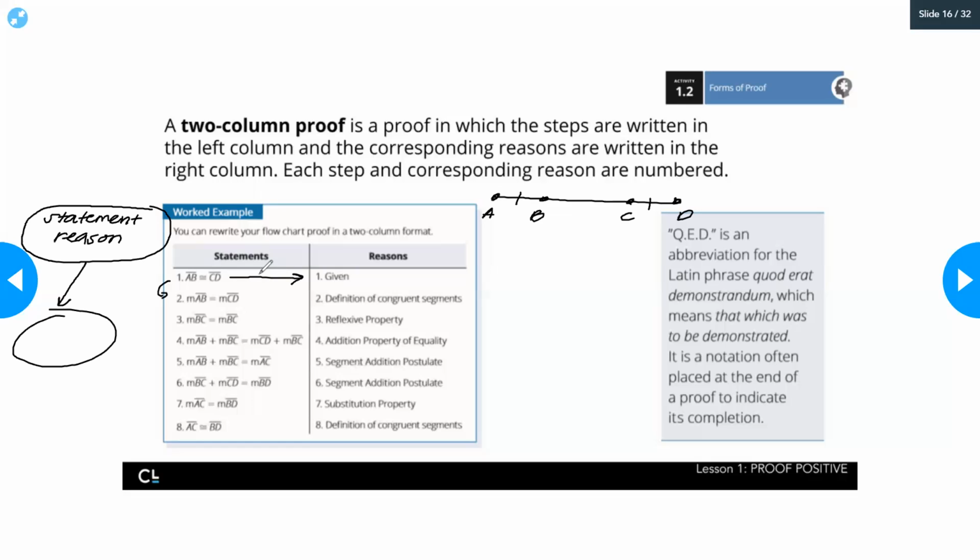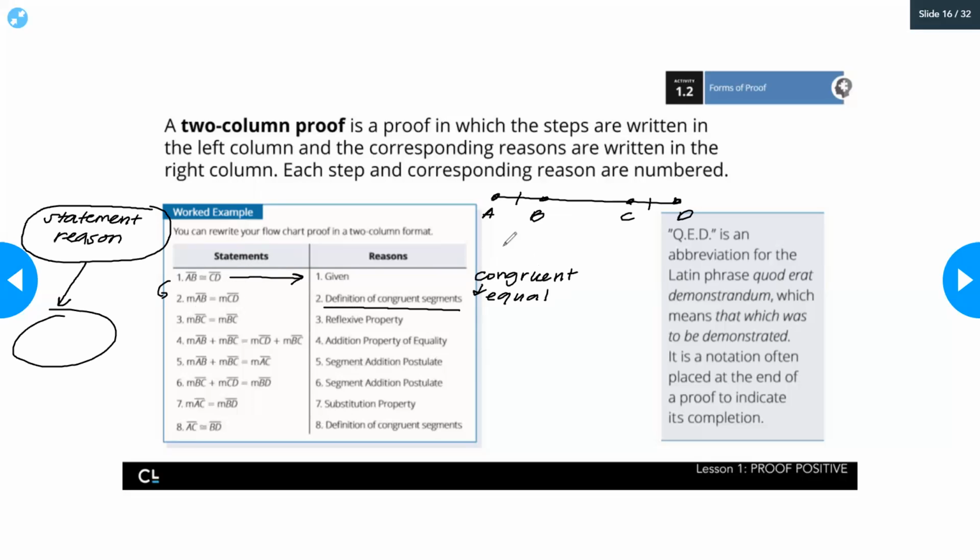Okay, so from here, remember that whenever we're going from something that is congruent to saying the same thing is equal, we use this reason of definition of congruent segments. Okay, so we are saying the same thing, but first we're saying that the pieces were congruent, therefore the measures are equal.